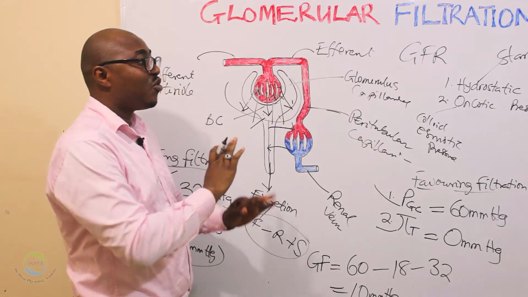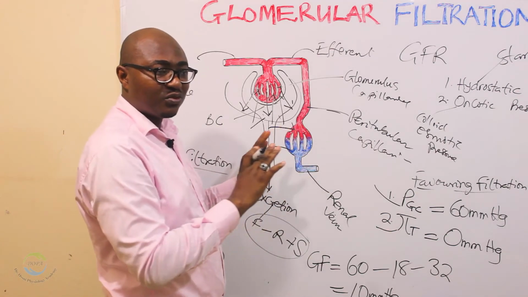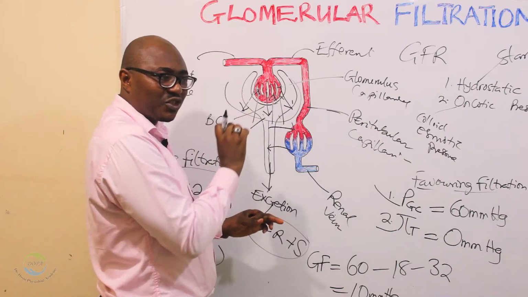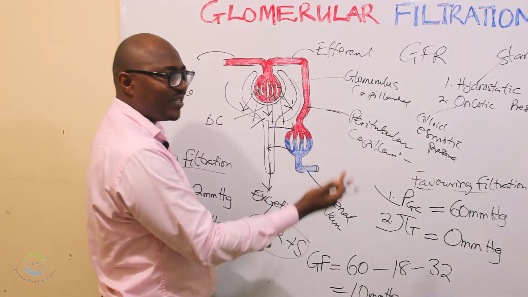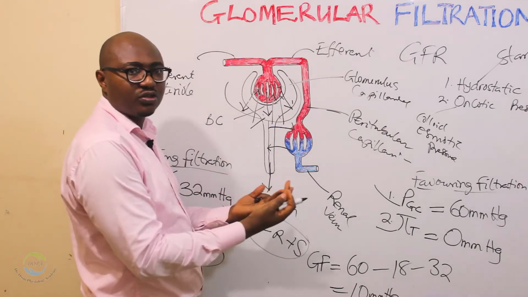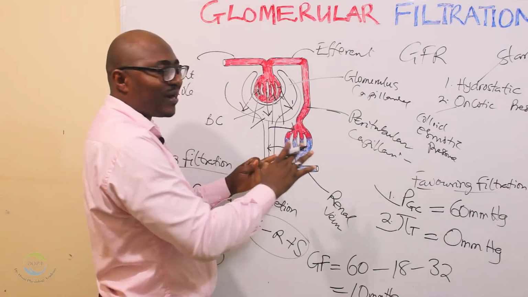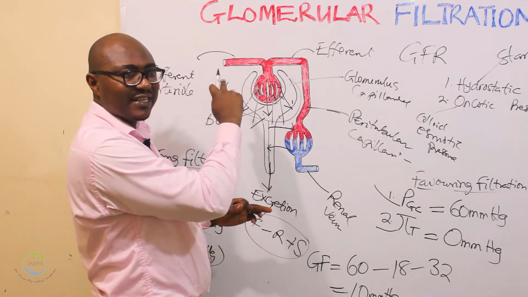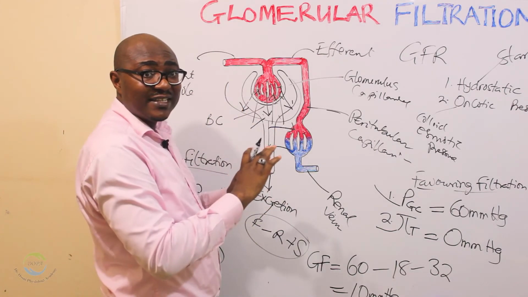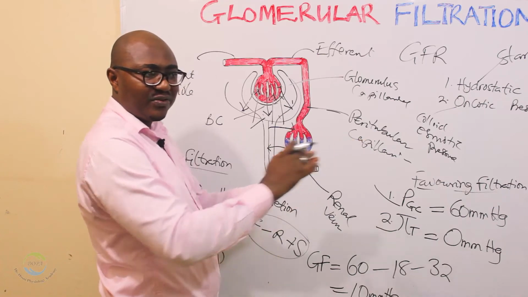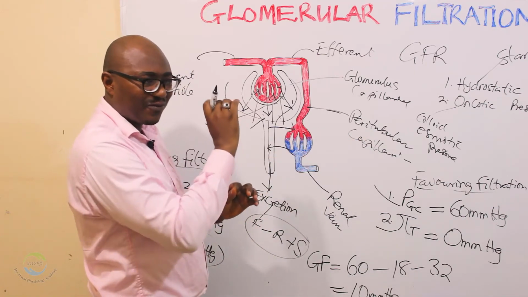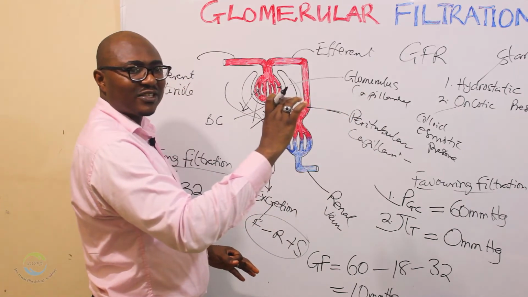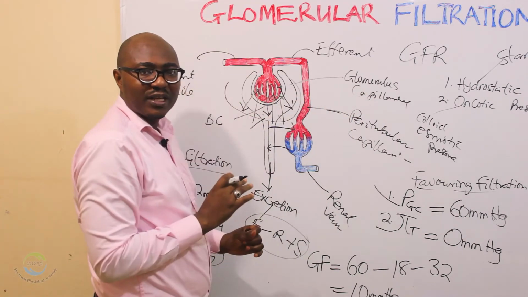But there is a difference, and the only difference between the two is the substance. When you use the clearance method, the clearance of the substance you're introducing will be equal to what you want to get. If it's renal plasma flow, the substance is para-aminohippuric acid, which fulfills all the roles, so its clearance is equal to renal plasma flow.